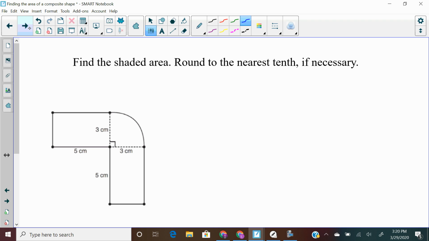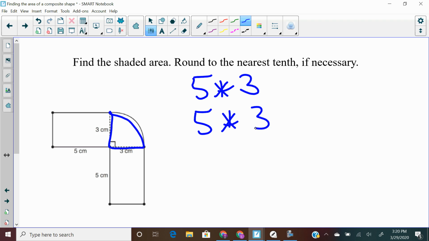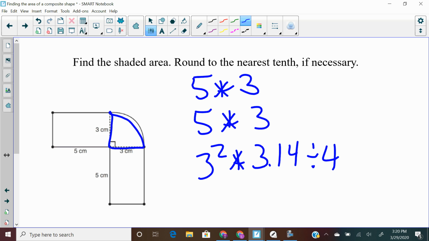This next shape is made up of 2 rectangles and a quarter of a circle. For the quarter of a circle, instead of dividing by 2, I divide by 4. For the rectangles, I'm going to do 5 times 3 for the first one, and 5 times 3 for the second one. For the quarter circle, I'm going to do 3 squared times 3.14 divided by 4 because it's a quarter. 5 times 3 is 15, so both rectangles are 15 centimeters squared.